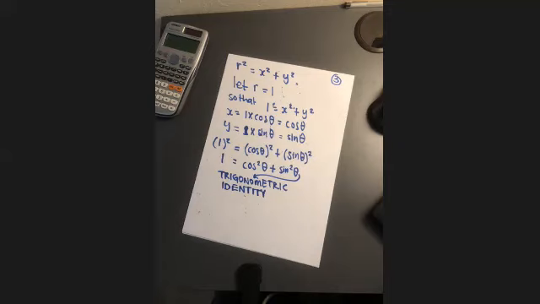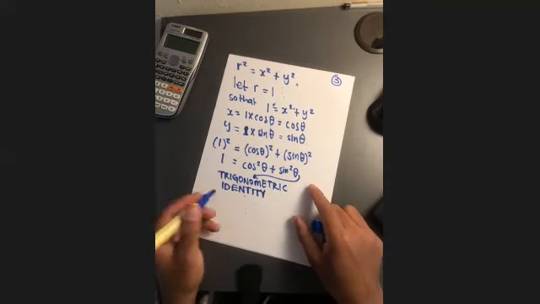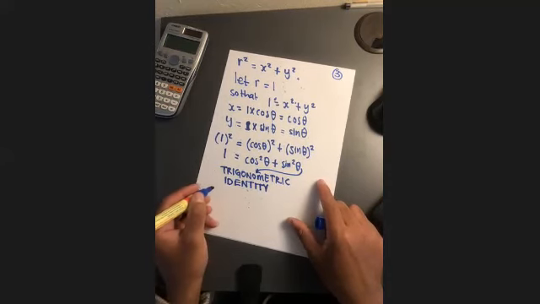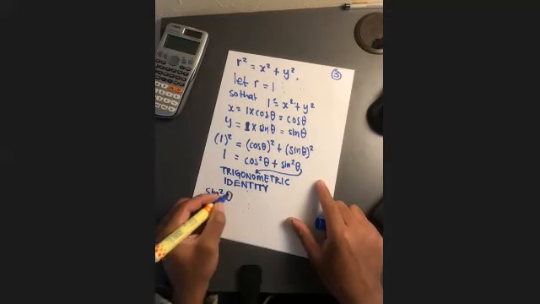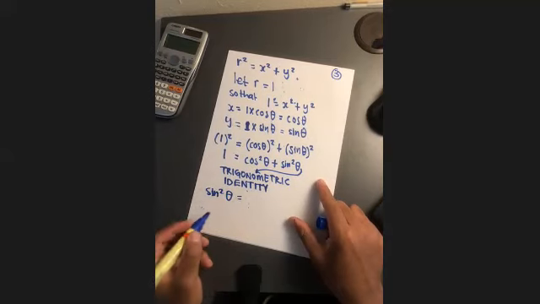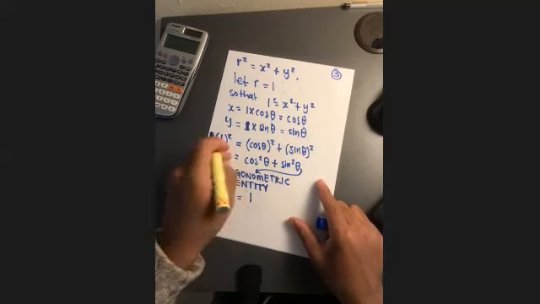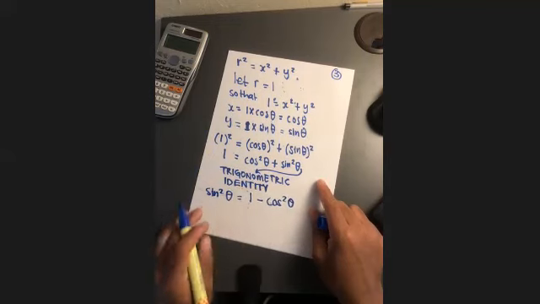So now we go further. We can kind of play around with this thing. So now we can say that the sine squared of theta is just equal to 1, and then we transpose this to the other side, we get minus cos squared of theta.